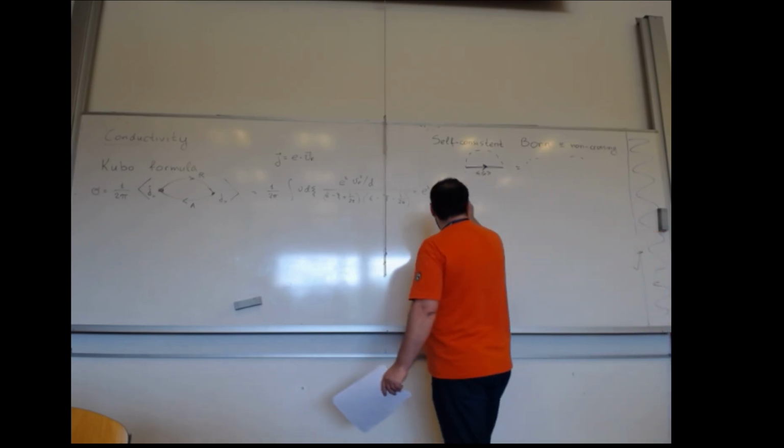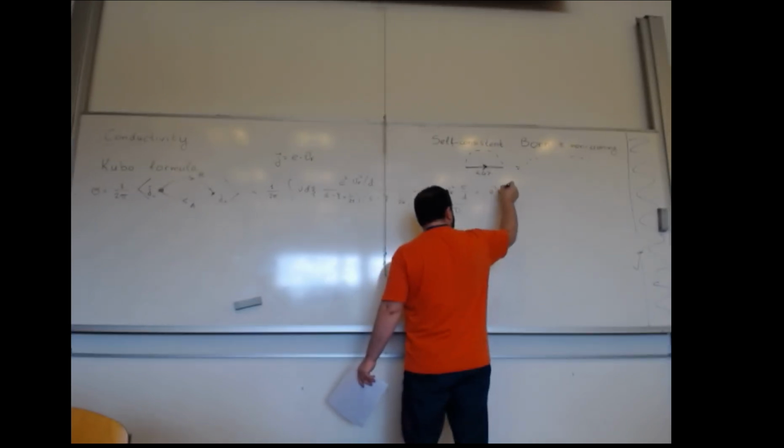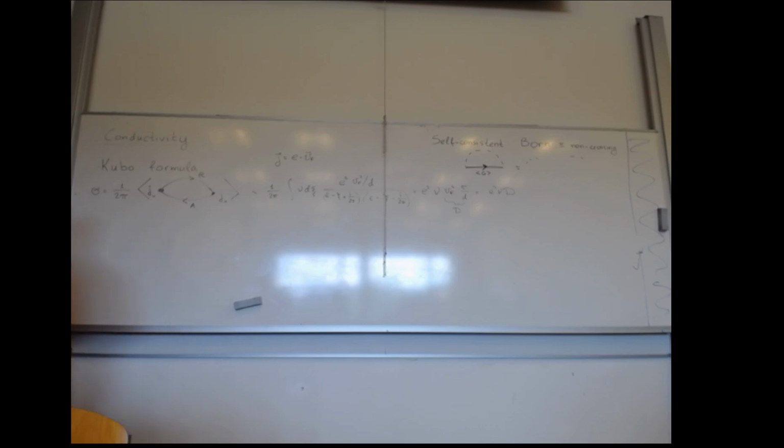And this object here is the diffusion constant, so we immediately rederive the Einstein relation. So conductivity is e squared times mu times D. It is that straightforward.